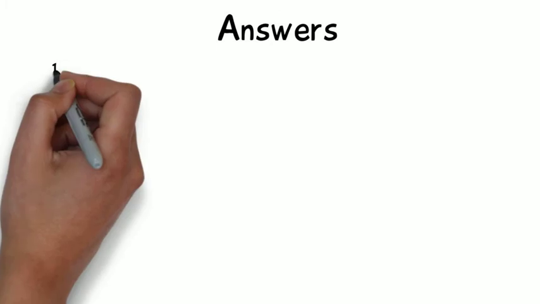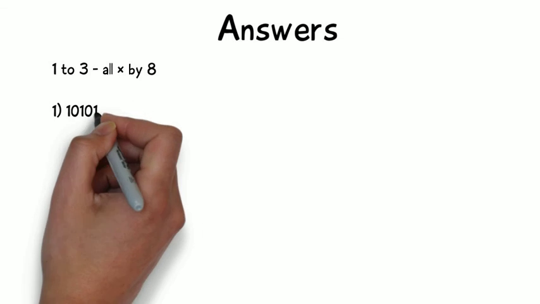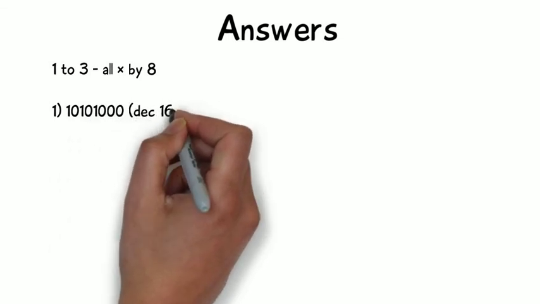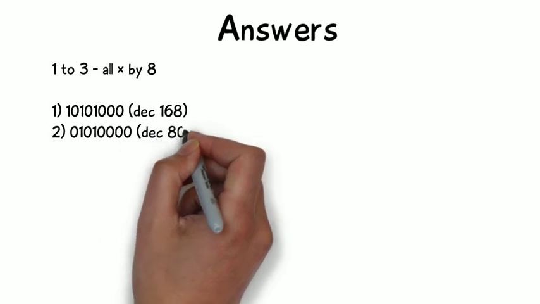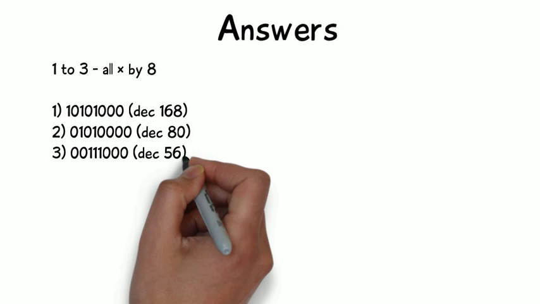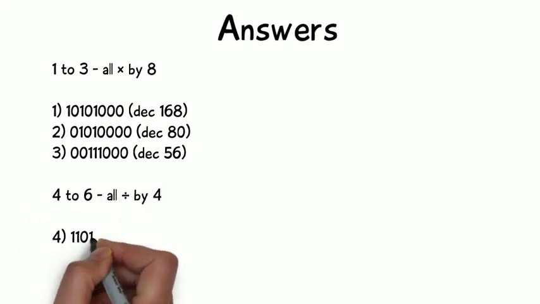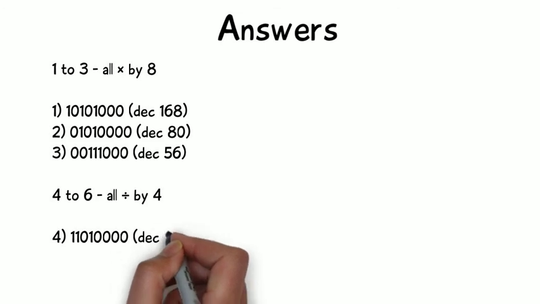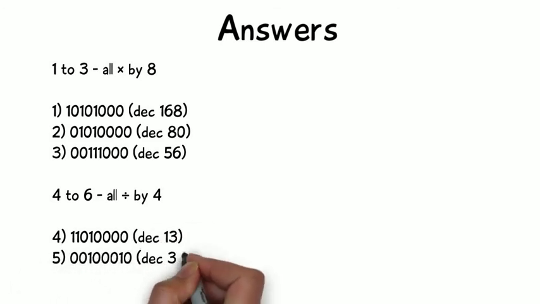So here are the answers. Now questions 1 to 3, all of those were multiplied by 8. So 3 shifts to the left. Question 4 to 6, all of those were divided by 4. Two shifts to the right.